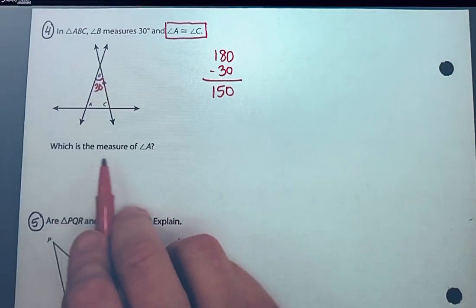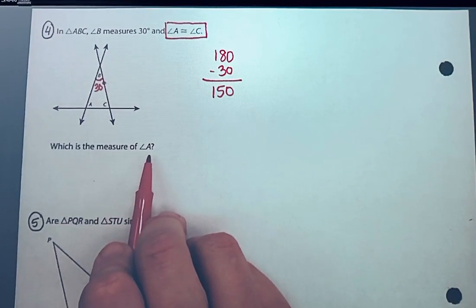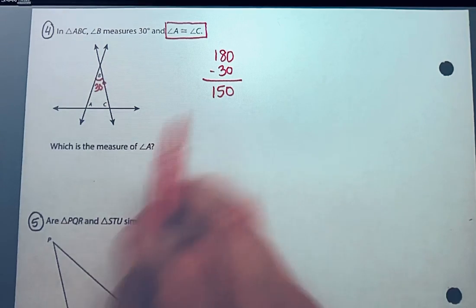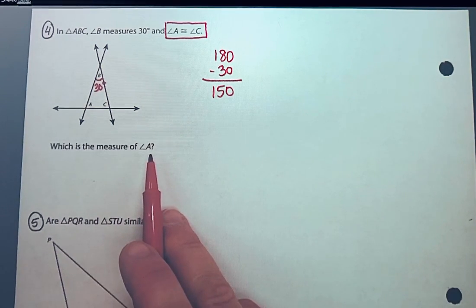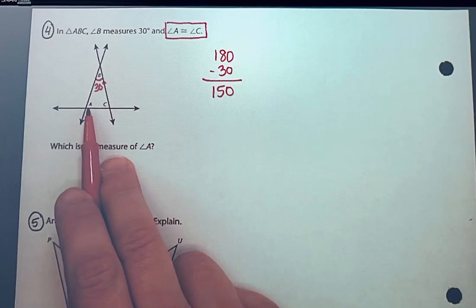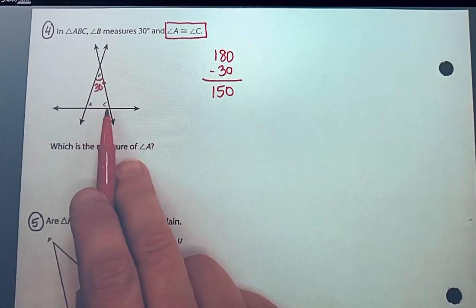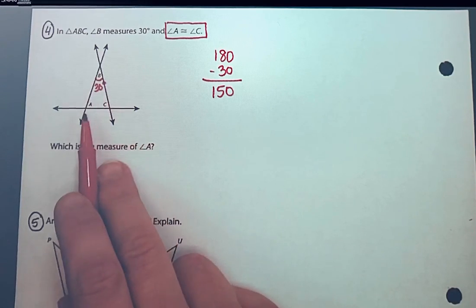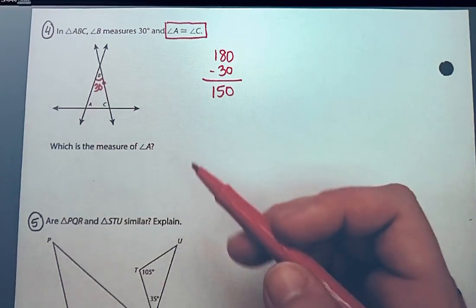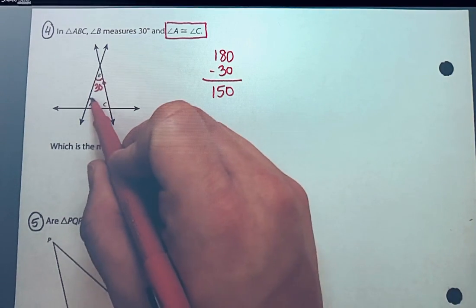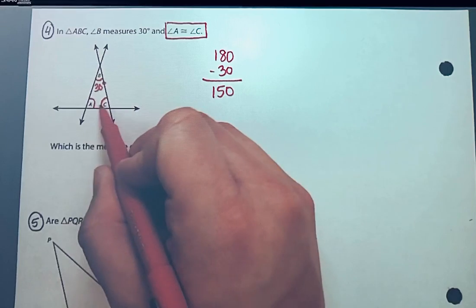Now we're looking for the measure of angle A. Well, the measure of angle A is not 150, because angle A is equal to angle C. If we say angle A is 150, then C is also 150, and B is 30. Well, 150 plus 150 plus 30 is 330 degrees. That's not possible. So we have to figure out a way to split that value.